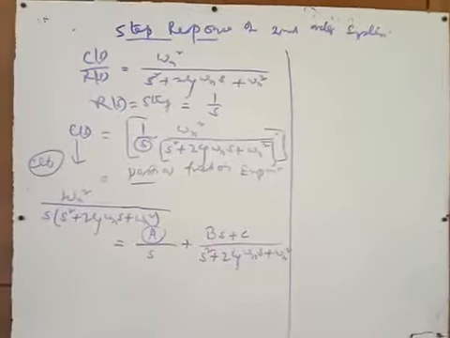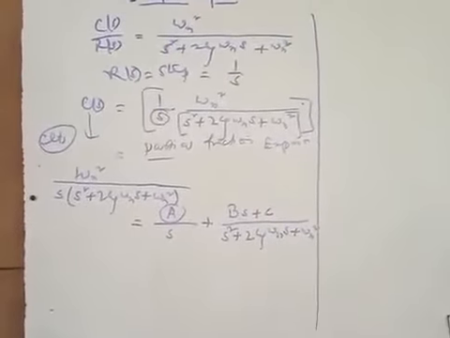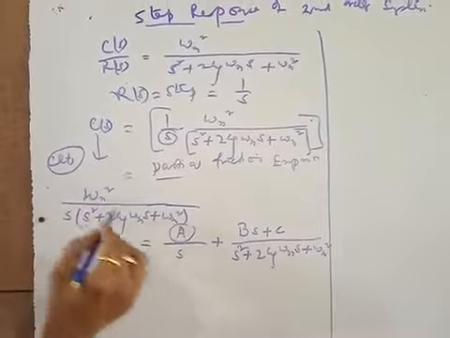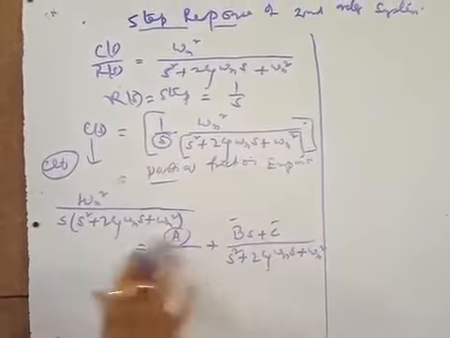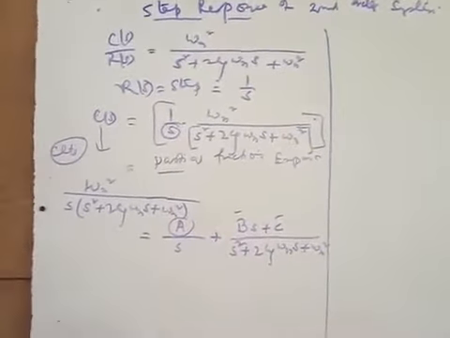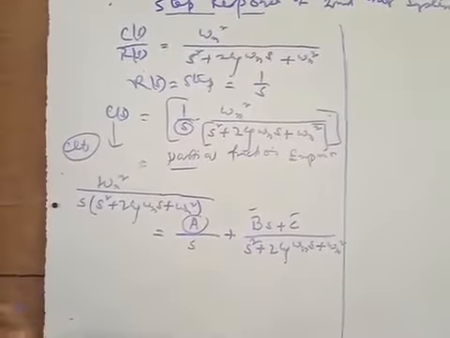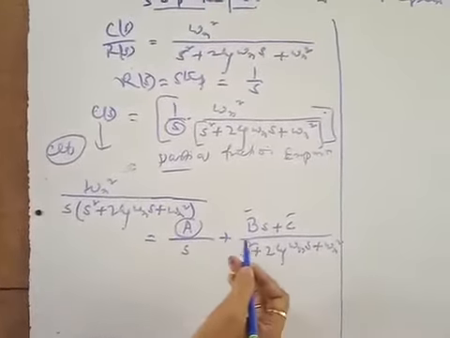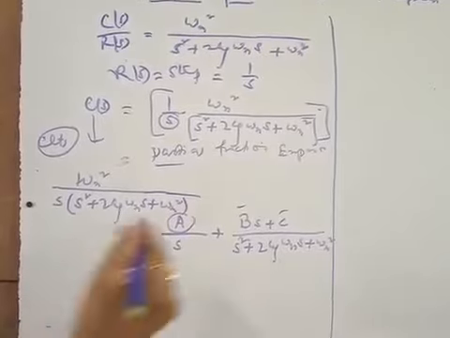So how can you get the value of residues like A, B and C? Just to get the value of A, B and C, you have to multiply this term and nothing else, and we have to equate the coefficient of s square, coefficient of s and coefficient of s to the power 0. How can you get it?